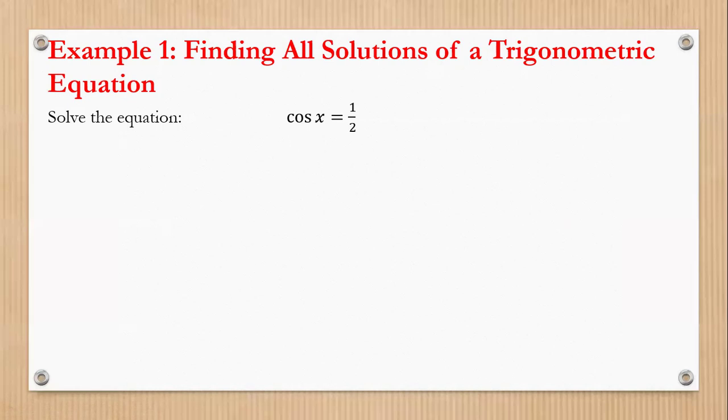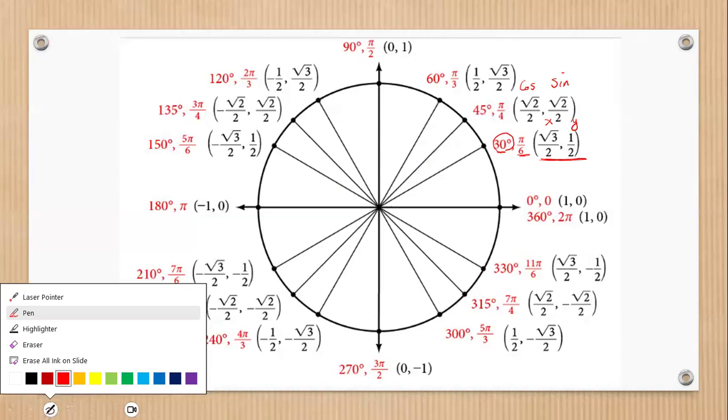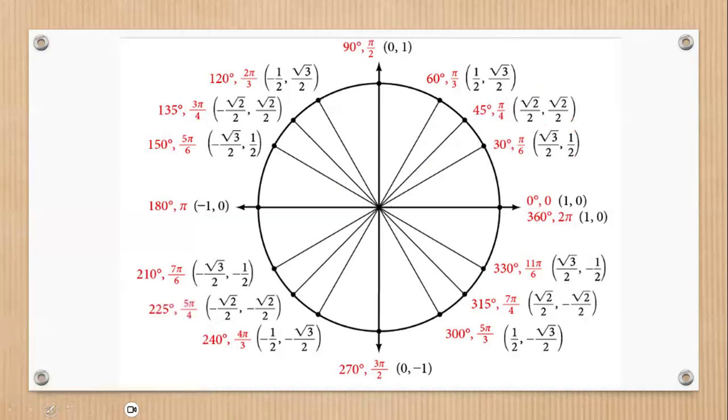So if I go back to the previous picture, the cosine of what angle is 1/2? Cosine is the x value. If you look at this picture, the x of each angle is 1/2. This angle and this one.